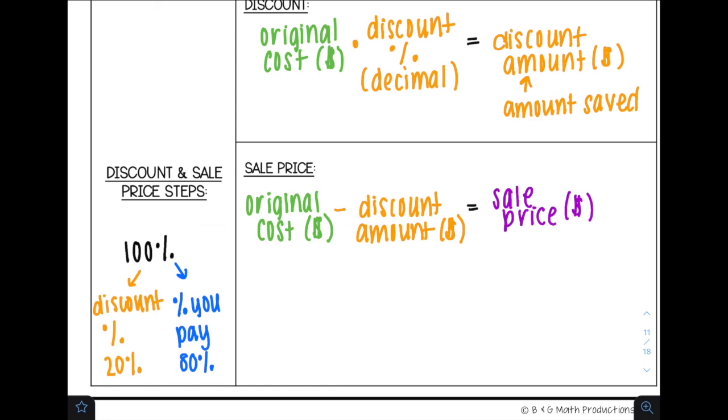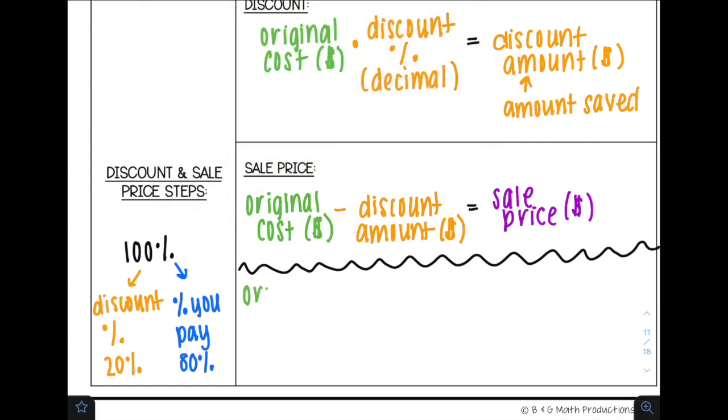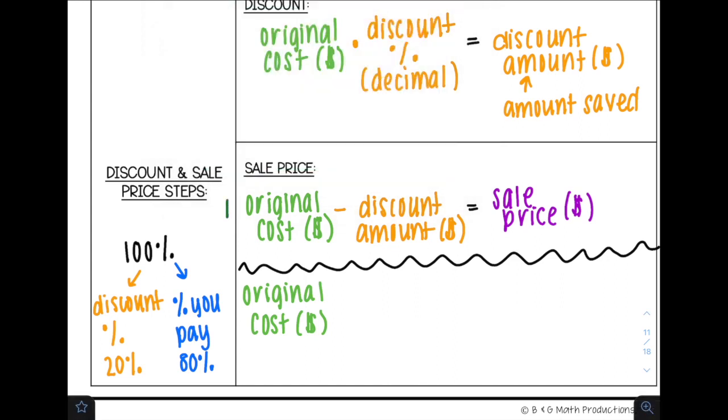You can use that amount to therefore go straight into solving your sale price. So if you start out with your original amount, your original cost, and let's think of this as method 2. So this is method number 1. This is method number 2.